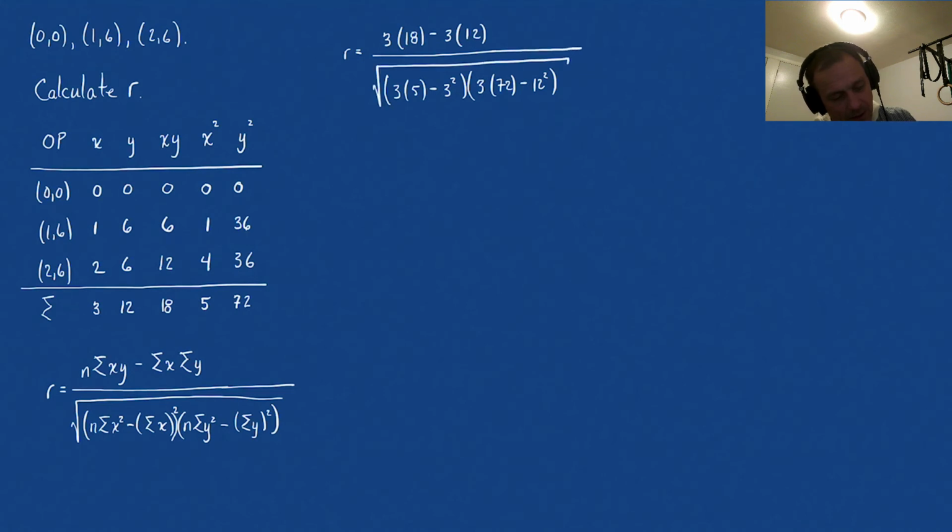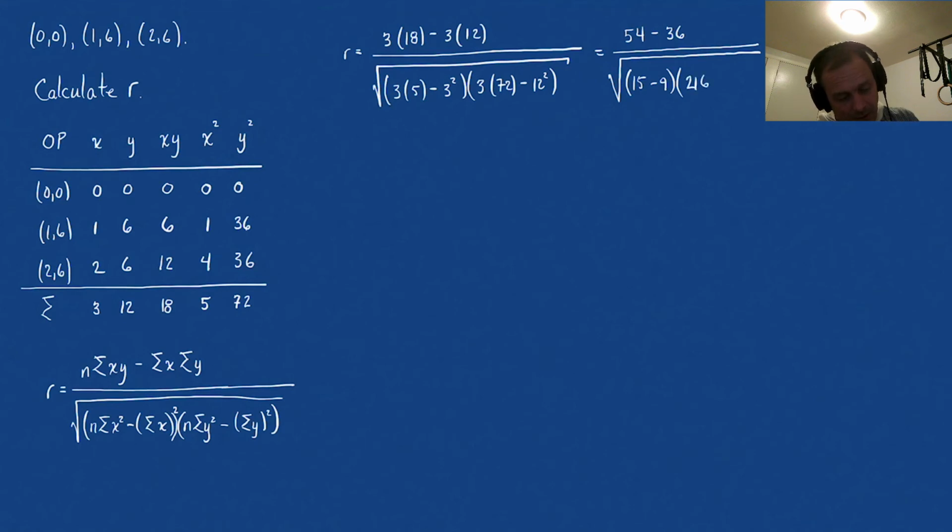Now we're going to work through this completely. So we have 54 minus 36 over the square root of, in the first set of parentheses, 3 times 5, that's 15, minus 3 squared, which is 9, times 3 times 72, which is 216, minus 144.